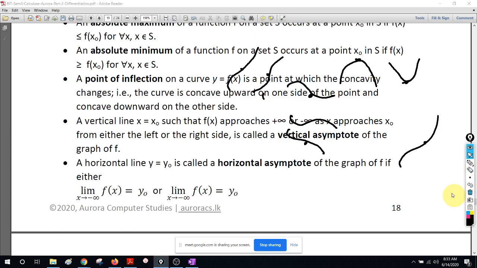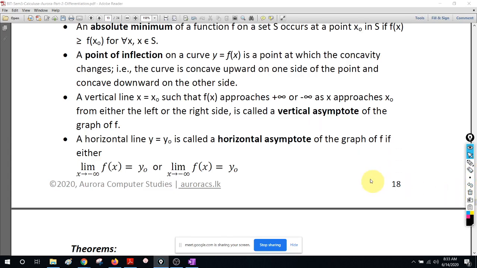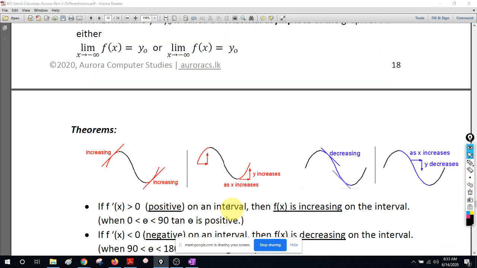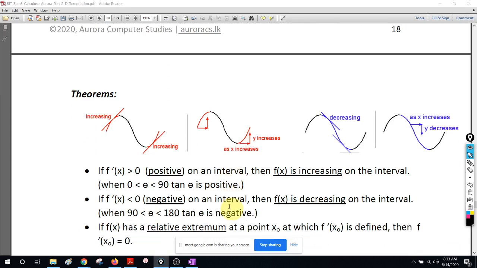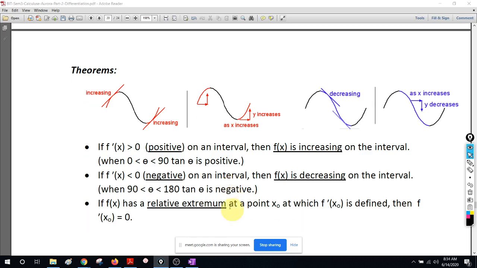So let's move on. Right. Then using derivatives, we can find whether we have a maximum, whether we have a minimum, whether we are increasing, whether things are decreasing. Right. So if it is increasing, our derivative is going to be positive.